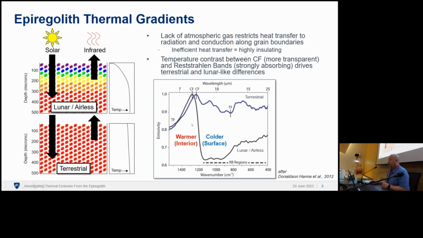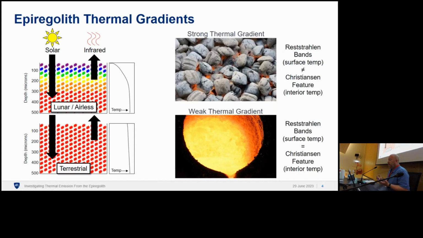So this is what I mean when I say this isn't emissivity anymore, it's now spectral emission. You can visualize it by thinking about charcoal or coals or ashes: the top surface is actually cooler than the interior, and that's exactly what we're seeing at these wavelengths. If it was an isothermal surface, we'd be seeing the same temperature everywhere.